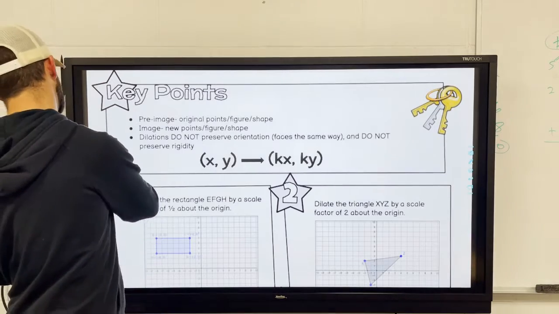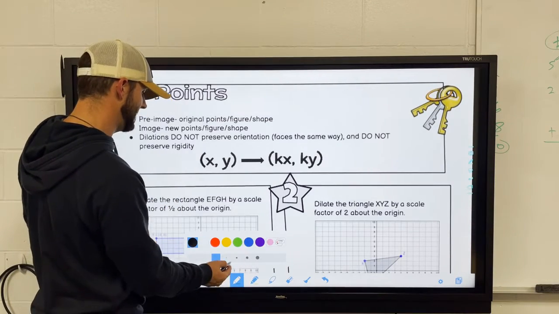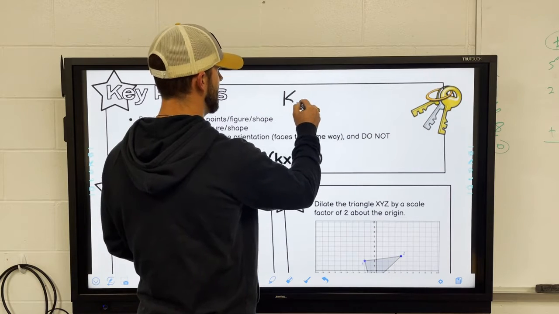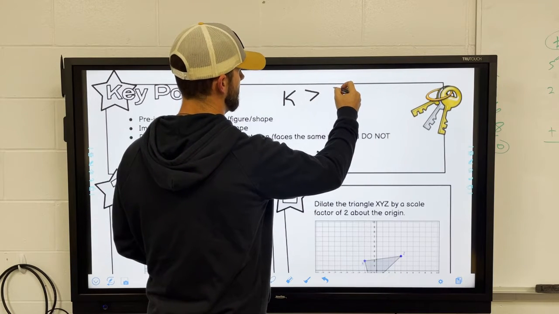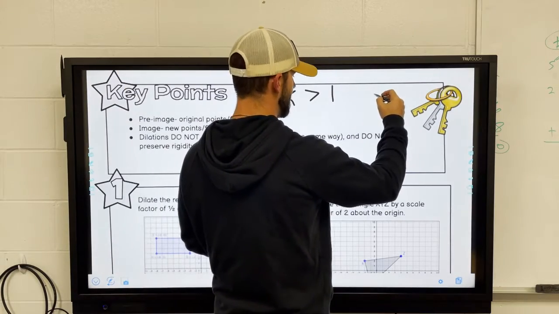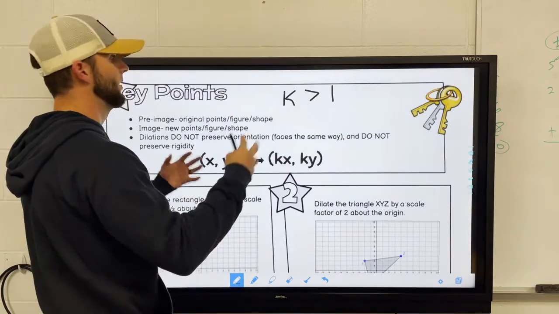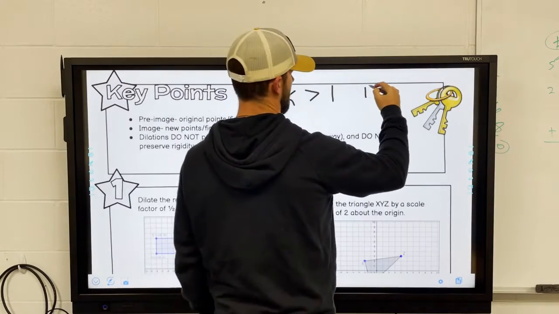Just to let you know, if K is greater than 1, that means it's going to be a bigger dilation. It's going to get a lot bigger.